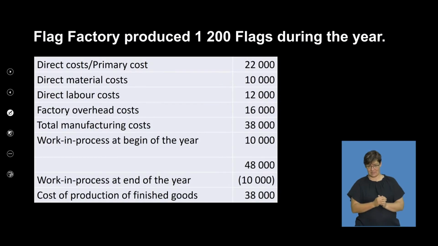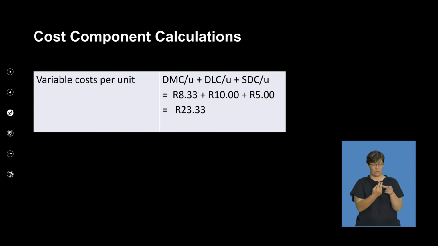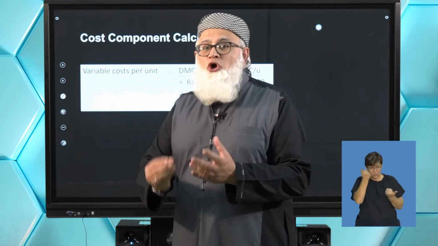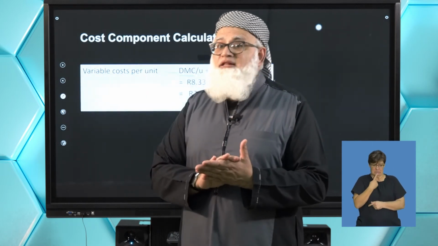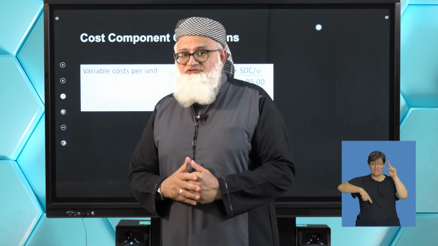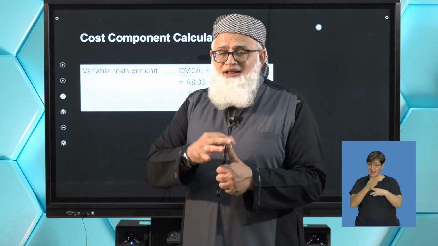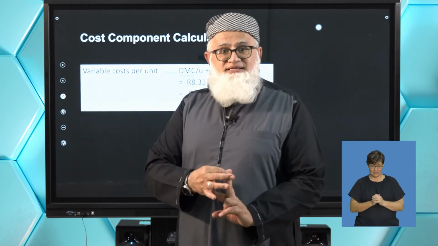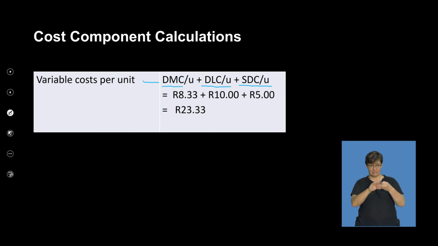So what do we do here? We find your direct material cost per unit, direct labor cost per unit, and your selling and distribution cost per unit. Can you see that? This is important, because if you don't know your variable cost, you're going to bring in the wrong cost component, and we don't want that to happen. So make sure you know that your variable costs are material, labor, and selling and distribution. You add that all up and it gives you an amount of 23 Rand and 33 cents, and that will be your variable cost per unit.